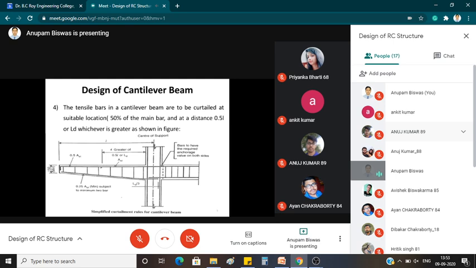This is the condition for curtailment as already discussed. We also have to check the maximum deflection of the beam, which can be found from the L/D ratio.